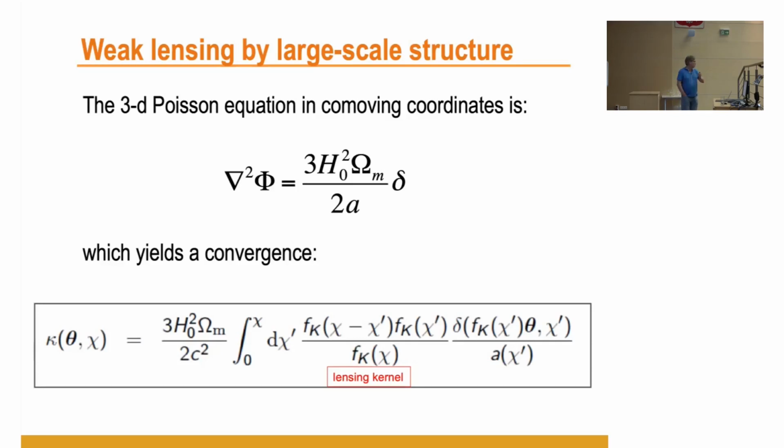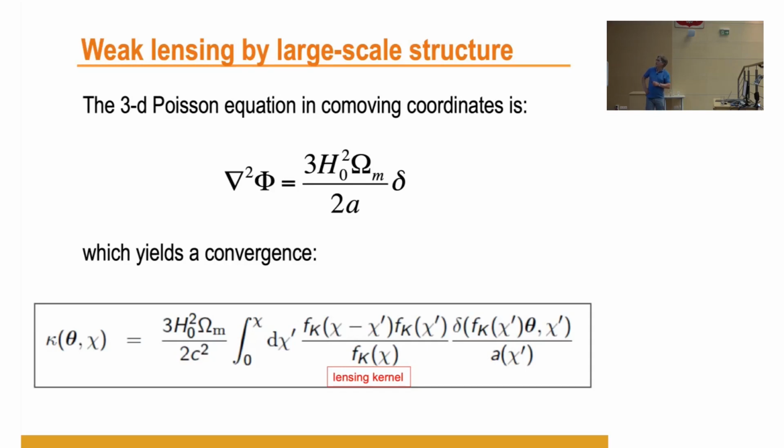We don't necessarily know what the overdensity is, but this allows us to start building up the statistics. Again, we're summing up all these contributions to the lensing signal. That's all you need to remember.